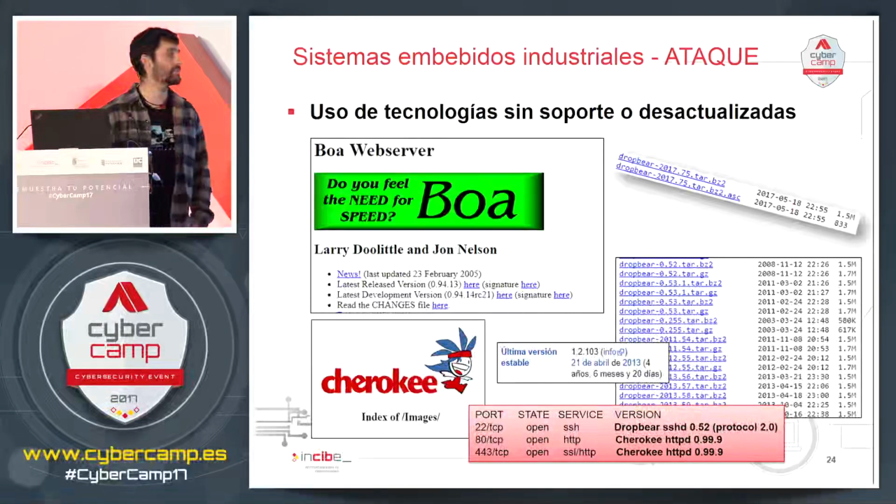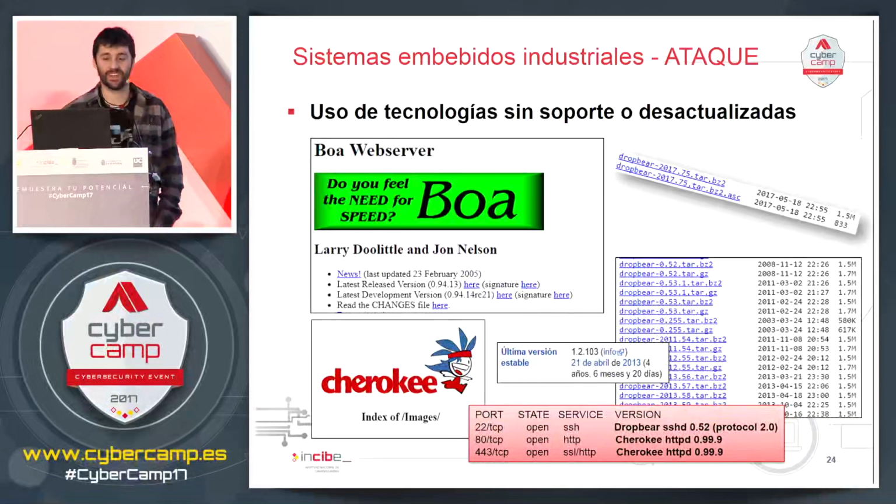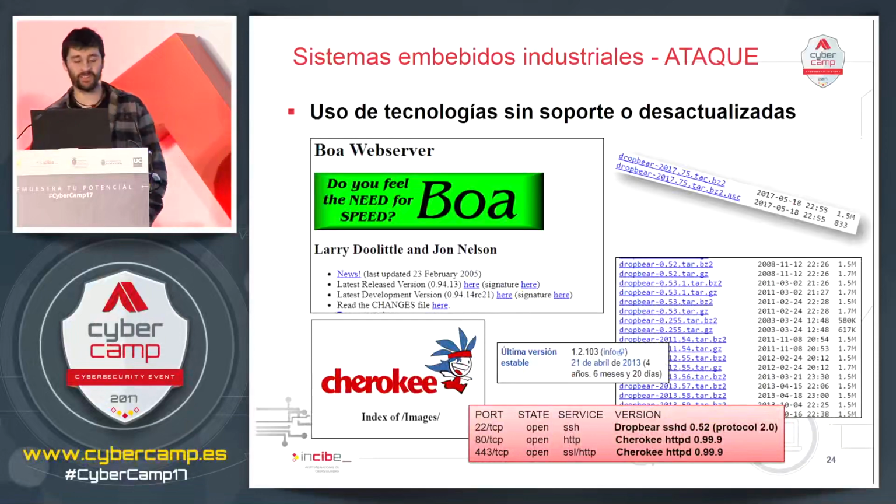Everything. Use of technologies without support or out of date. This is a good thing about these things, that you find technologies that you have to find on the internet because they're long gone and nobody knows about it.